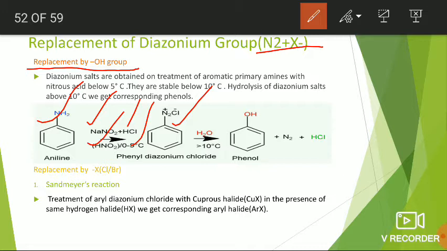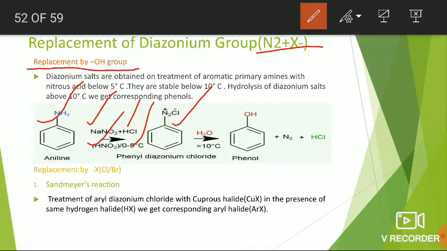So if you raise the temperature above 10 degrees centigrade, the diazonium ions undergo dissociation or undergo reaction with different ions to form different products. So it is one method to prepare phenols, by hydrolysis of diazonium salts above 10 degrees centigrade, because below 10 degrees centigrade they are stable due to resonance in the diazonium ion, so they don't undergo much reaction.